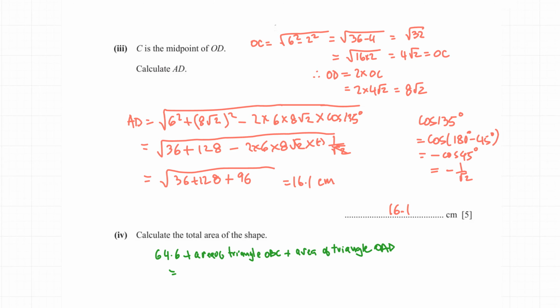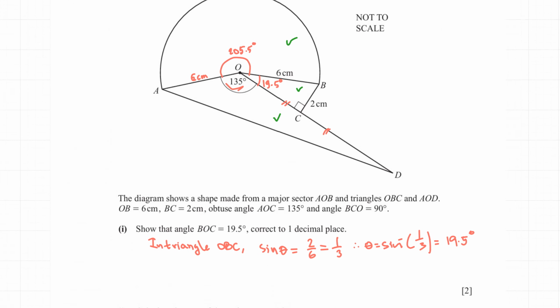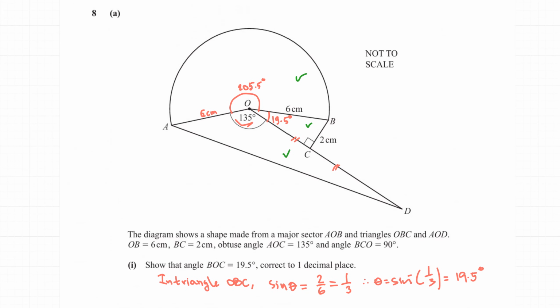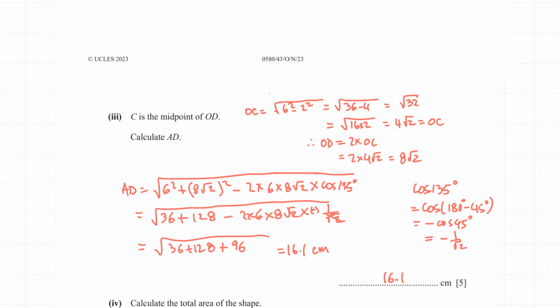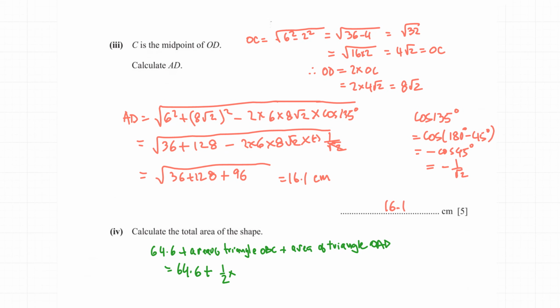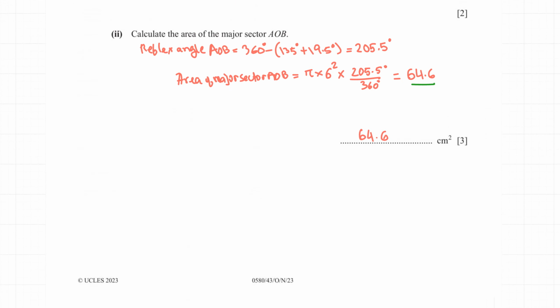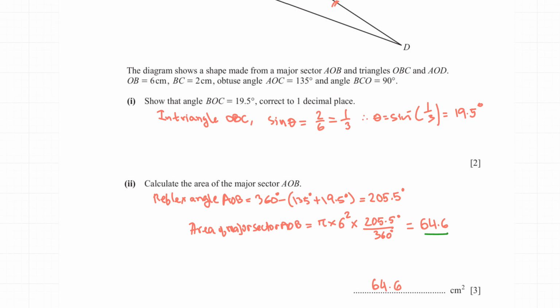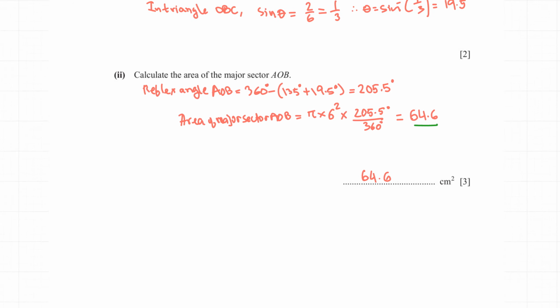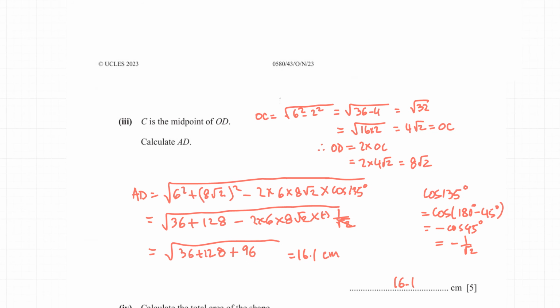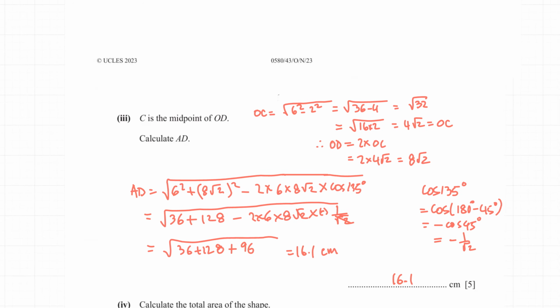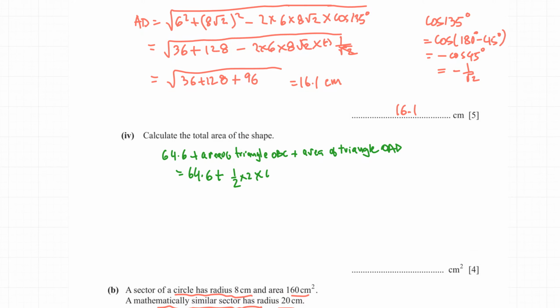So I can get that is equal to 64.6 plus area of triangle OBC, which is half times base times height. So half times 2 times OC. I just worked it out, OC is 4 root 2, so times 4 root 2 plus area of triangle OAD.